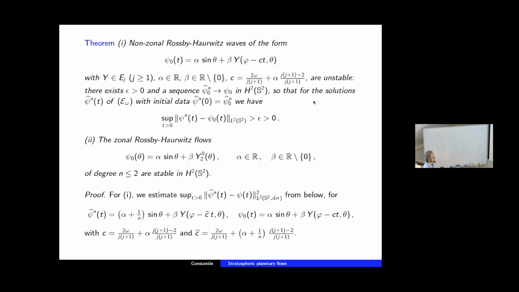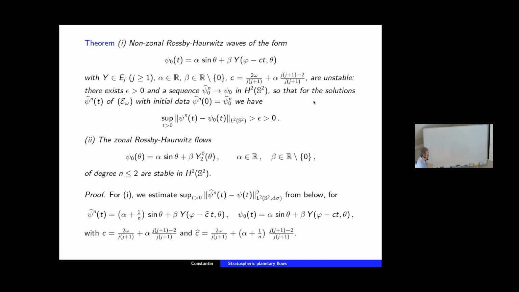And for it to be a Rossby-Haurwitz wave, the speed c has to be this. And it's unstable in the sense that you can find a sequence converging to the initial data in H2, and the supremum over positive times is bigger than epsilon. This is easy to construct because you can estimate it in this way, so this is easy to prove.